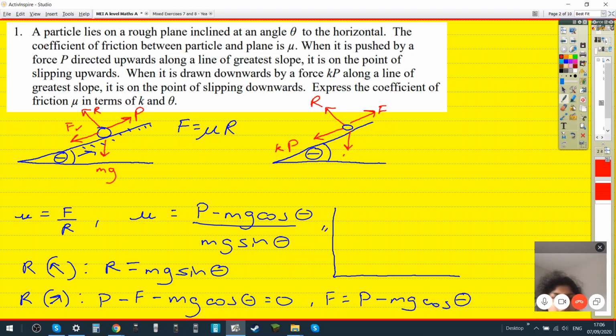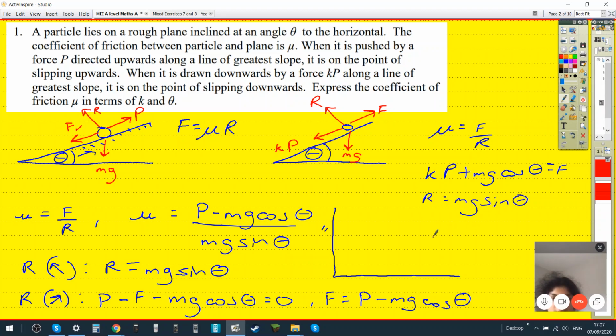It's basically the same method: mu is equal to F over R, and then you find what they are. So KP plus mg cos theta minus F is equal to 0. So F is equal to KP plus mg cos theta. And then R is equal to mg sine theta. It's the same.